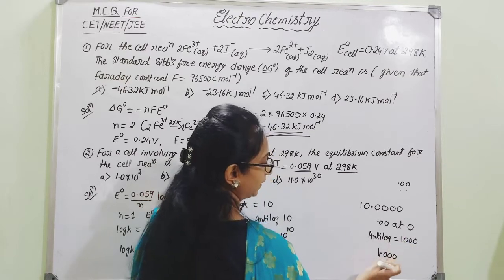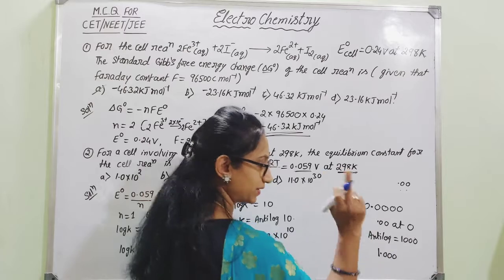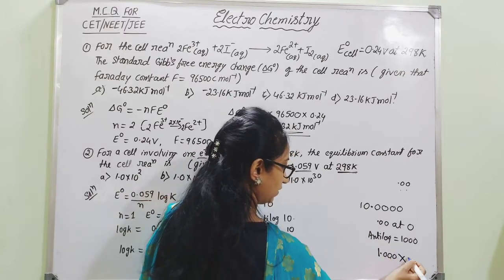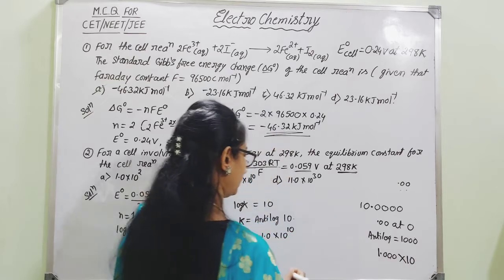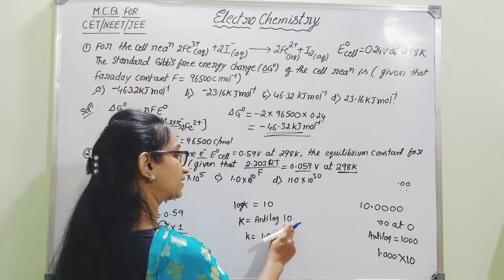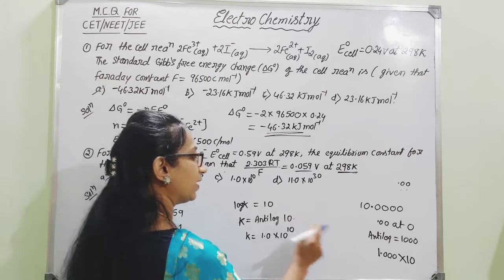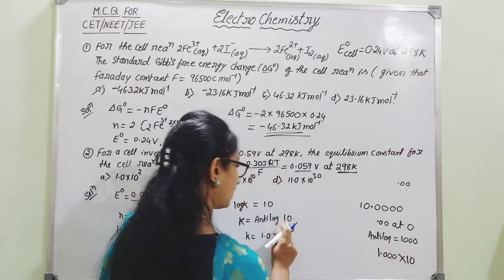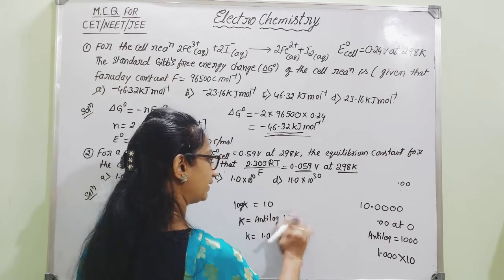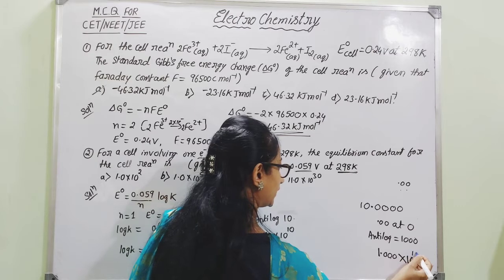So 1.000. You can retain 3 zeros, or you can just write 1.0 or 1.000 into 10 power. Now if it is log 10, you have to write the power as it is, positive, not like bar, so we write 10 power 10.